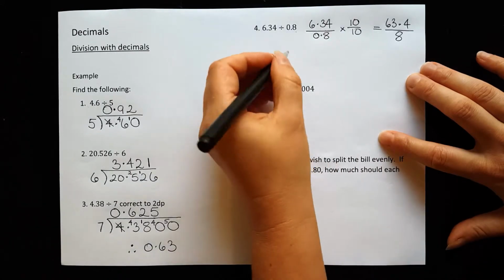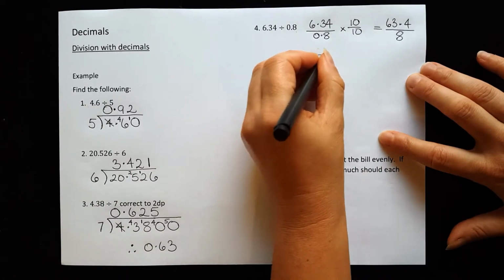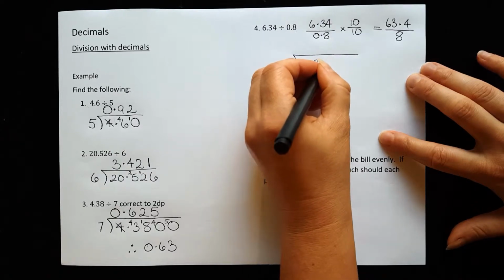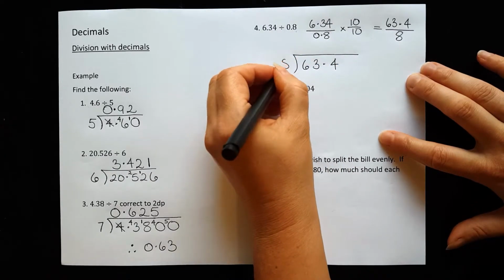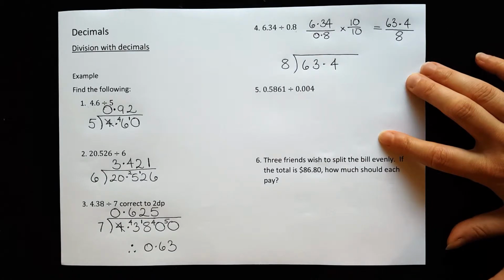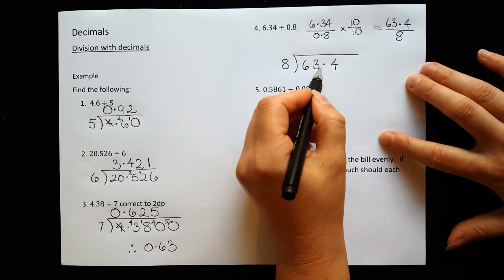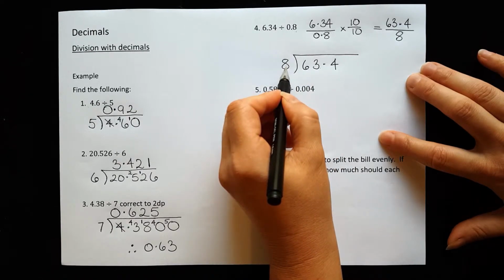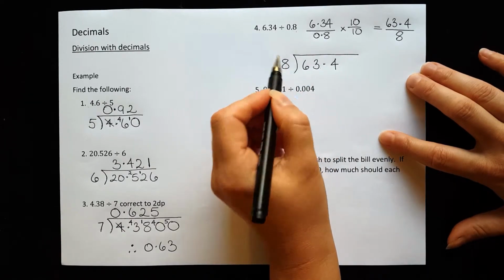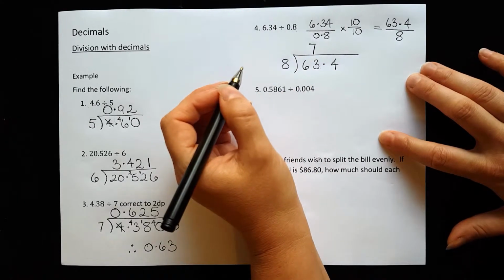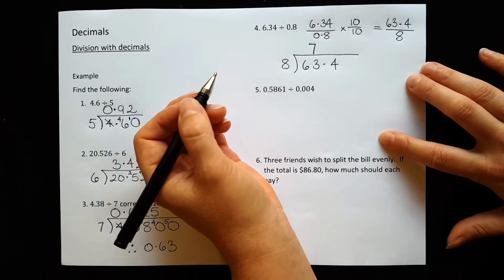Okay, so that means I can do a nicer division now with my divide sign here. 63.4 divided by 8. Okay, let's take the 63 together. 63 divided by 8 goes 7 times, because 8 7s are 56.